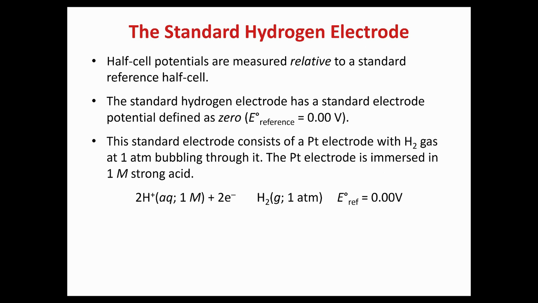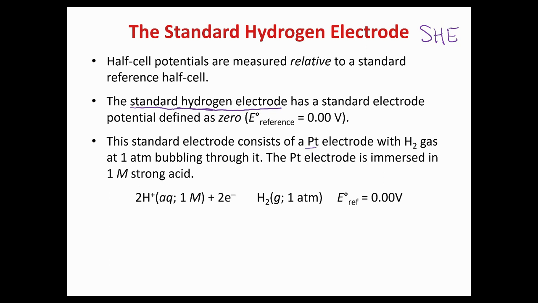These reduction potentials that we're going to look at in a moment, they had to be measured experimentally. And so they are measured relative to a standard reference cell. And that standard reference cell will be hydrogen's electrode. It's called the standard hydrogen electrode, or the SHE. In that standard hydrogen electrode, it consists of a platinum electrode.